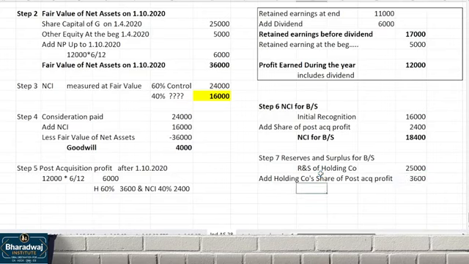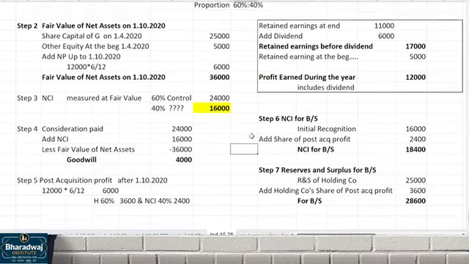So, take it up. Please take it up. Then we have to prepare the consolidated balance sheet.